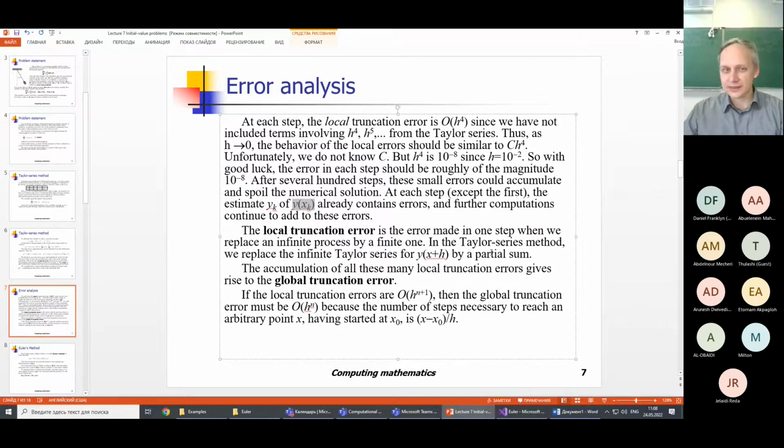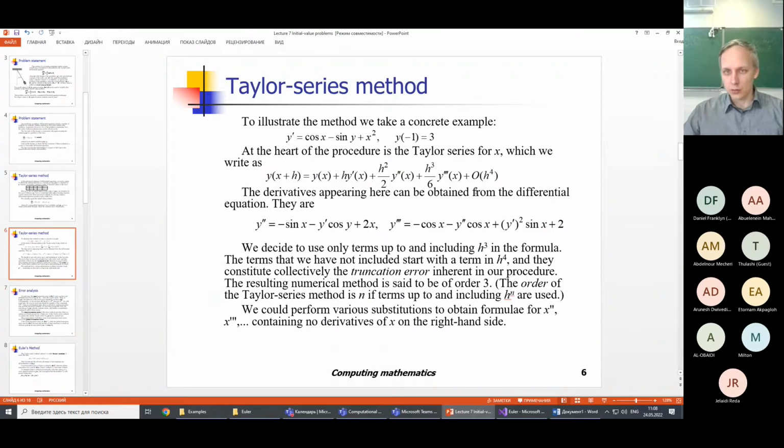In the Taylor series method, we replace the infinite Taylor series for y of x plus h by a partial sum. So we just truncate all of the terms from h power 4 onward, and we use only the terms up to h power 3.